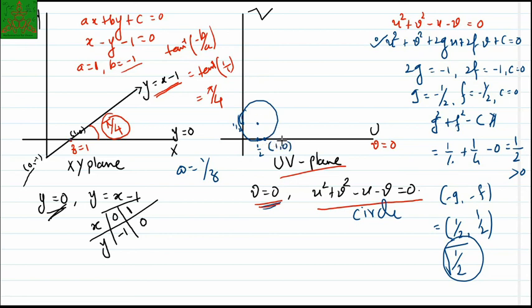Now we need to find the angle between v equal to 0, that is the u-axis, and this circle. So for that I need to calculate the slope of this circle at this point. That means the tangent of this circle at this point.